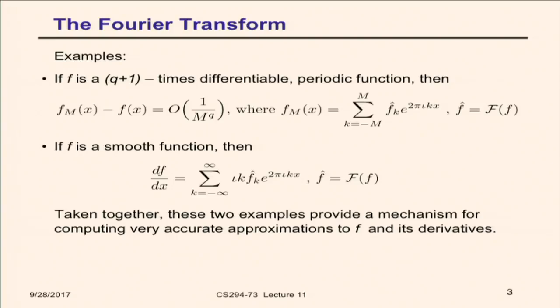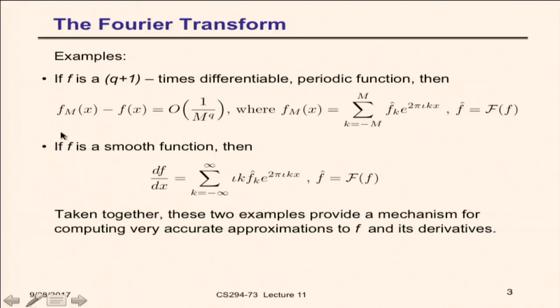So if you have enough derivatives, you can get very rapidly converging approximations as you increase n. So if you have 10 derivatives, every time you double the number of points, you decrease the error by 3 orders of magnitude.